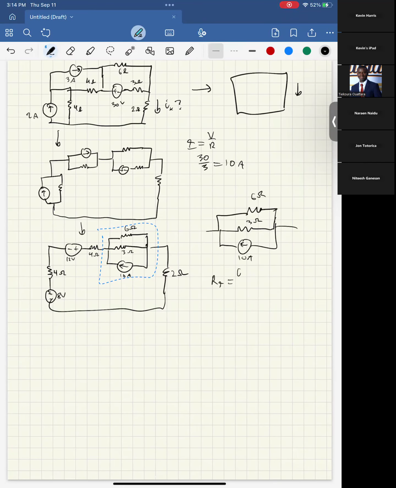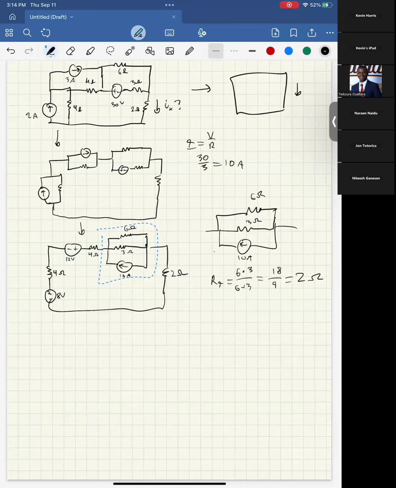So it's going to be 6 times 3 over 6 plus 3, which is 18 over 9, which is going to be 2 ohms. So this thing equals this, where we have 2 ohms and 10 amps still.